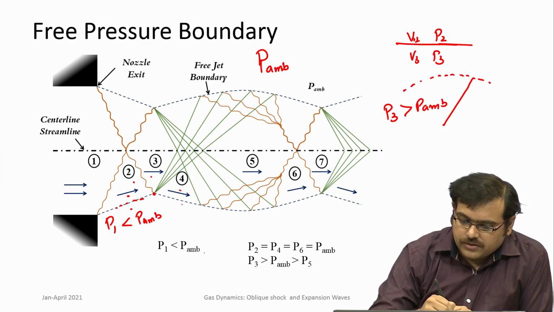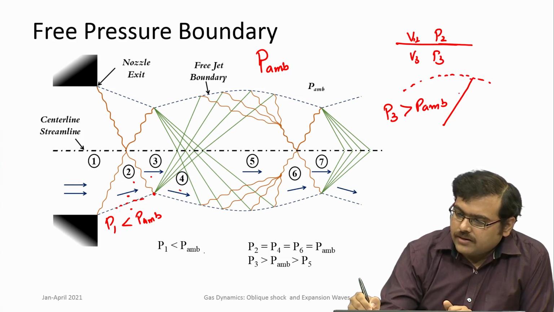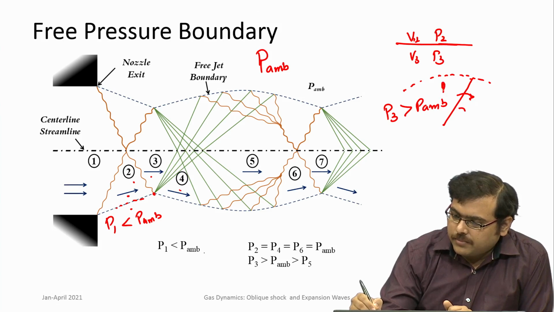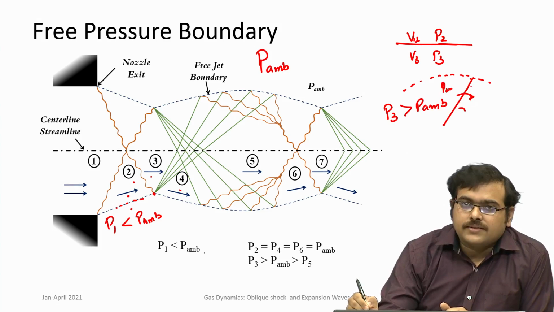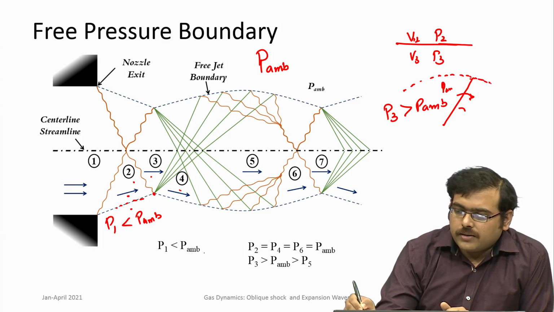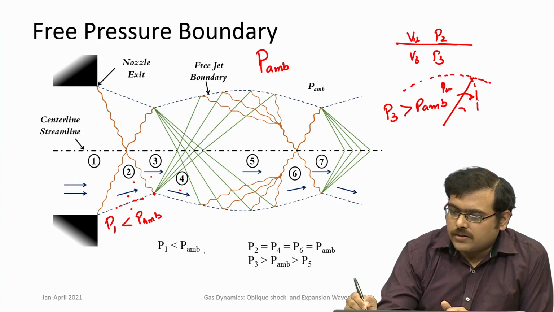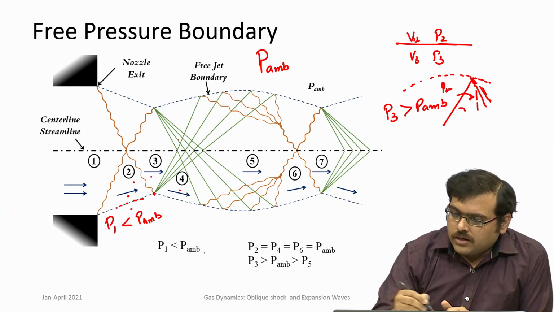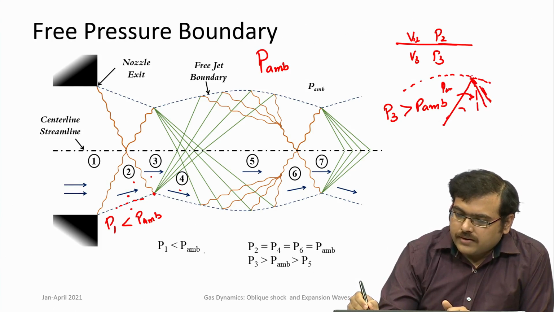Actually, in this region the pressure should remain constant, but across the shock the pressure will increase. So, this was P ambient earlier. Across the shock pressure will increase, but at the boundary pressure should remain constant. That cannot happen. So, as a consequence it generates expansion waves. So, a shock wave, when it interacts with a free pressure boundary, generates expansion waves.